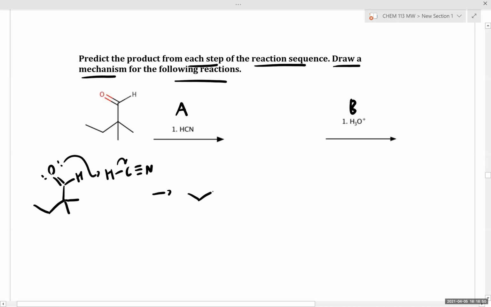We now have an activated electrophile, which can react with nucleophiles such as cyanide. Our nucleophilic equivalent of cyanide will attack our electrophilic carbonyl carbon. And then from here, we will get a cyanohydrin.